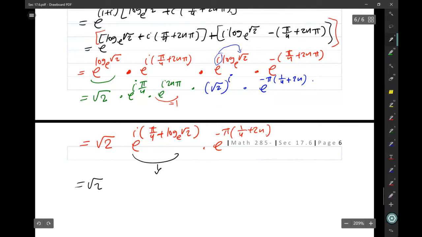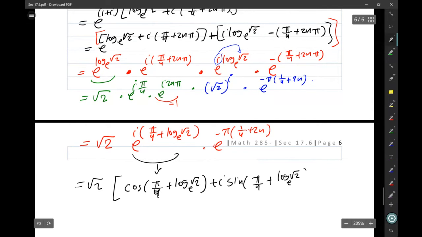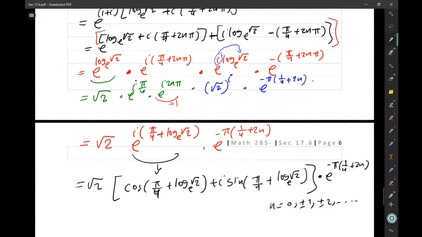This value here is equal to what? This is equal to cosine of pi over 4 plus logarithm square root of 2 with base e, plus I sine of pi over 4 plus logarithm square root of 2 with base e, and this is times e to the power minus pi of 1 over 4 plus 2n, where the value of n is equal to 0, plus or minus 1, plus or minus 2, and so on.